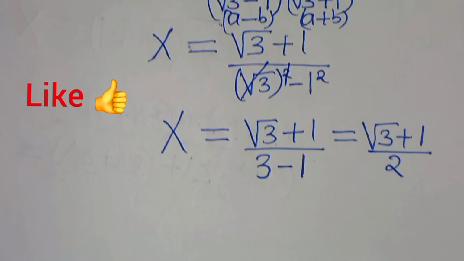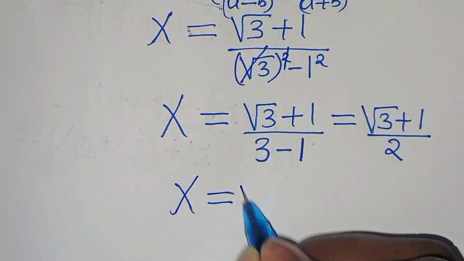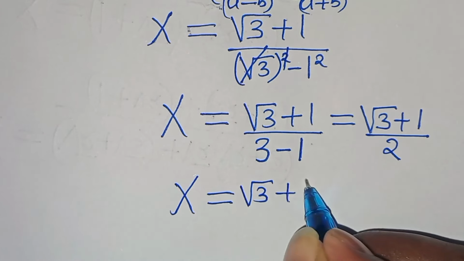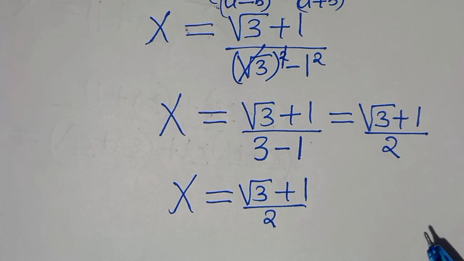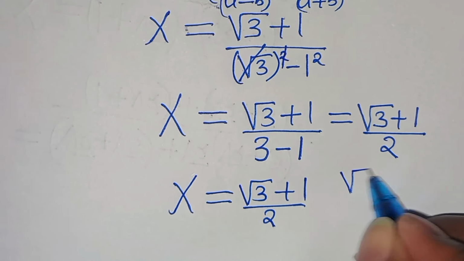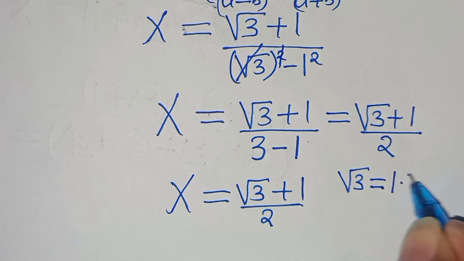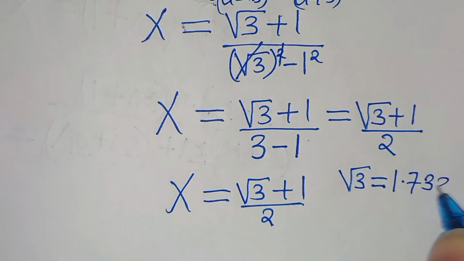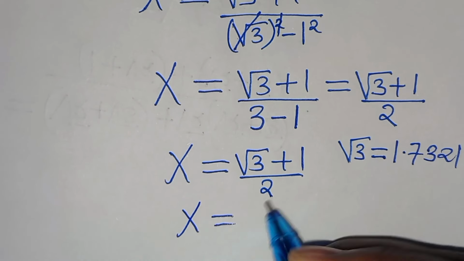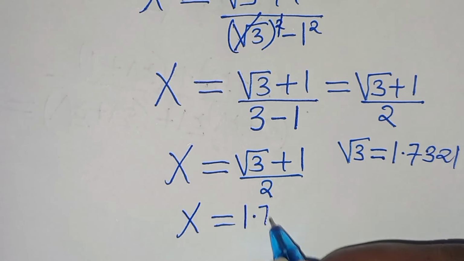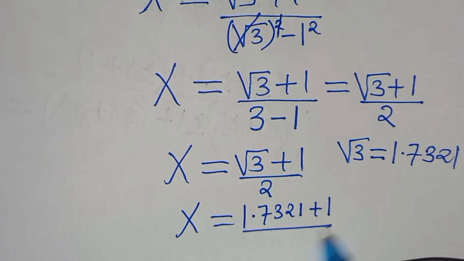Now, so this means that x here is equal to, we have square root of 3 plus 1 divided by 2. Now, we have that square root of 3, this is equal to the same thing as 1.7321. So this means that x is equal to 1.7321, then plus 1 divided by 2.